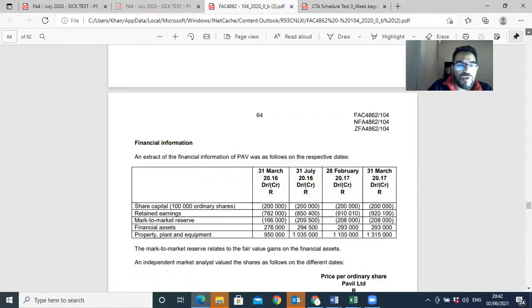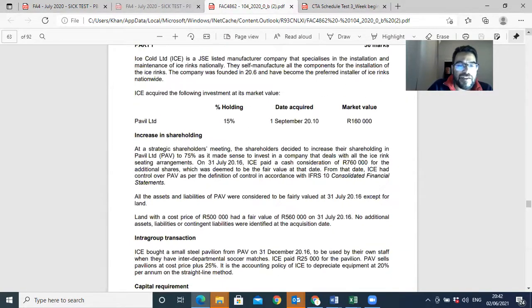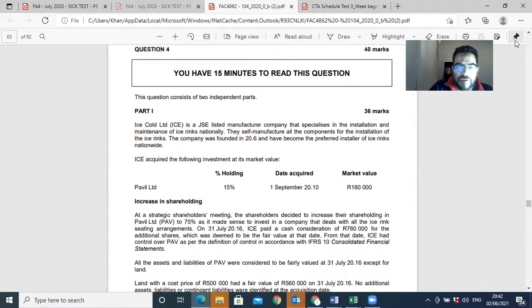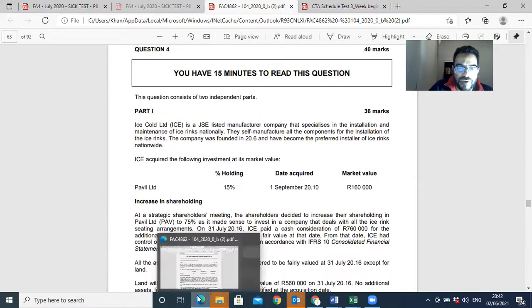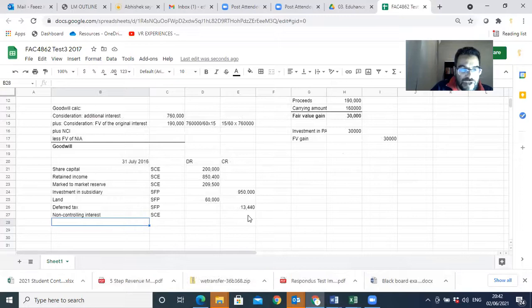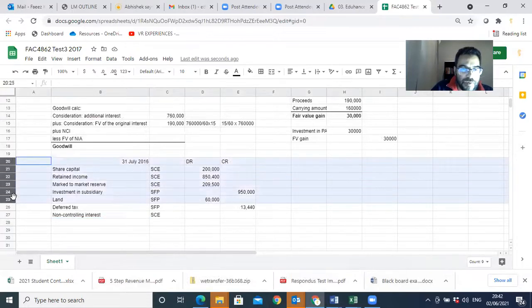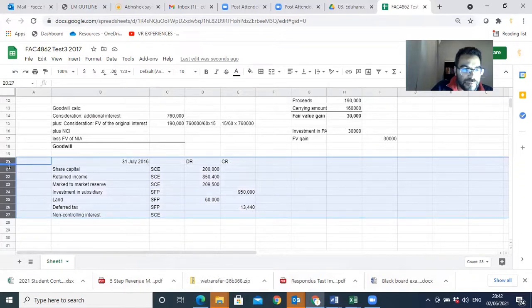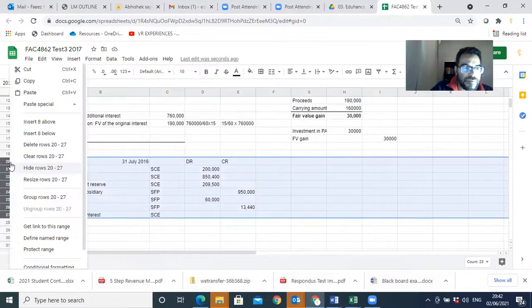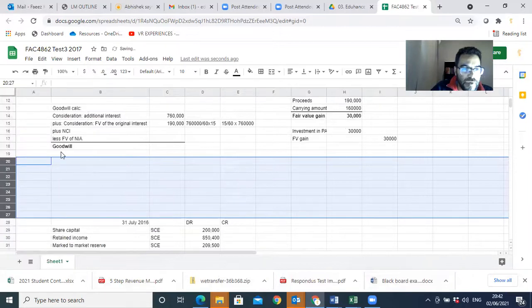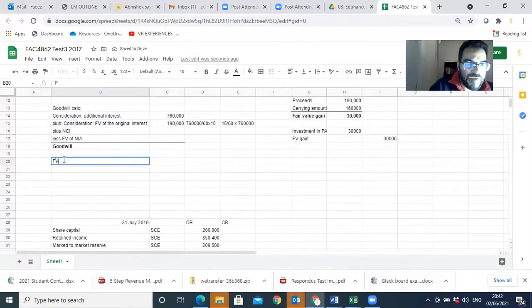So now we can work out the fair value of the net identifiable assets. So remember, the fair value of the net identifiable assets is as follows. If I just do the workings here quickly. Fair value of net identifiable assets calc.